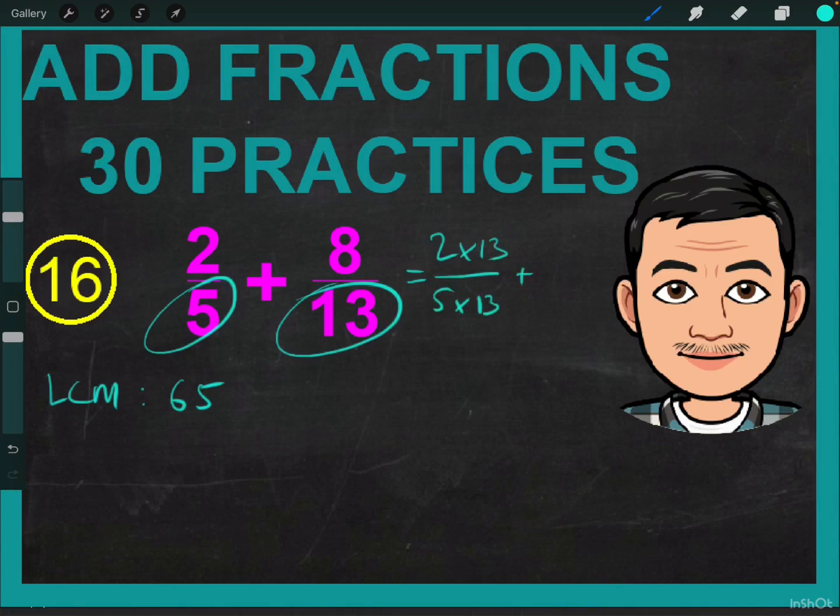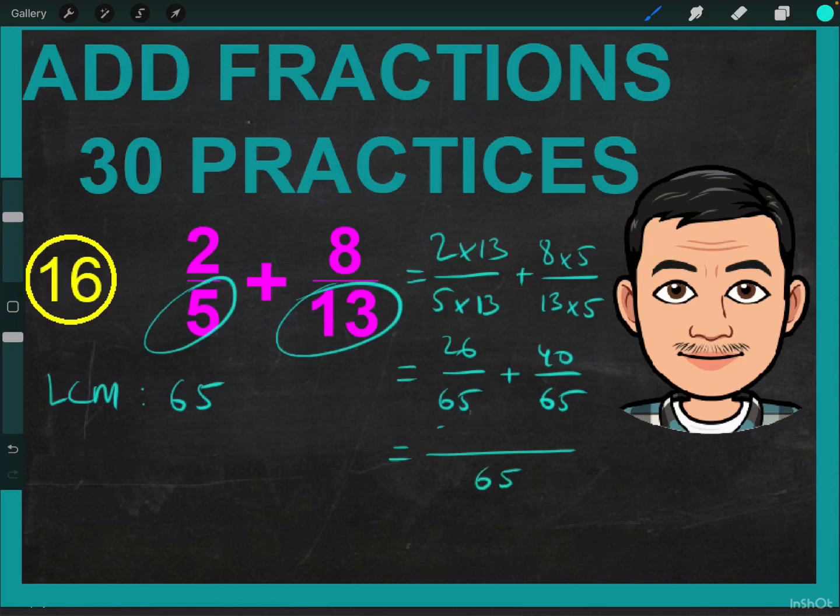And the second fraction is 8 times 5 over 13 times 5. So we got 26 over 65, add 40 over 65. Now they have the same denominator, 65. We just need to add 26 and 40, and the answer is 66 over 65.